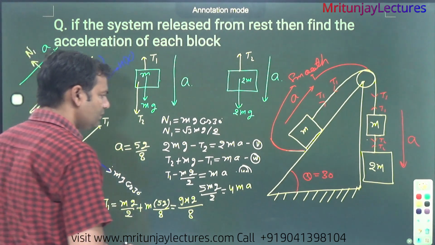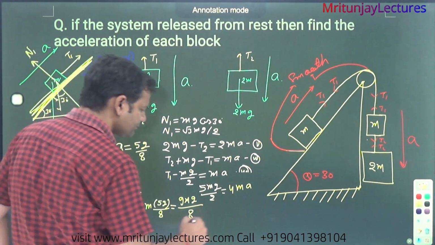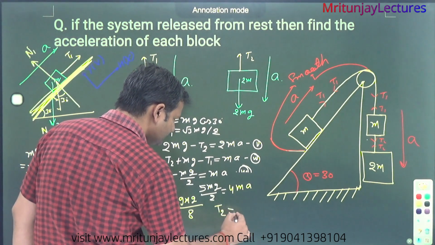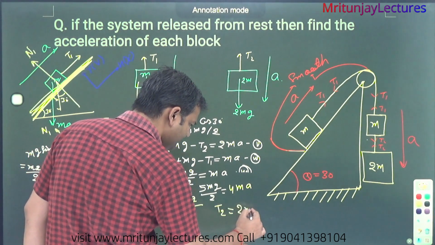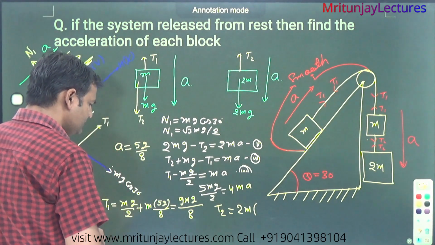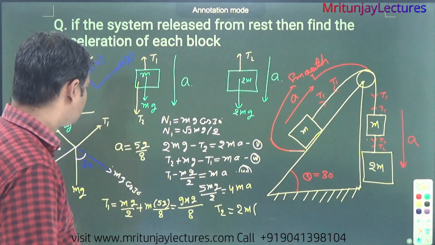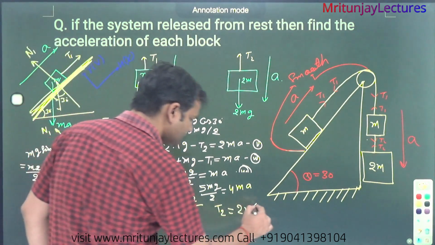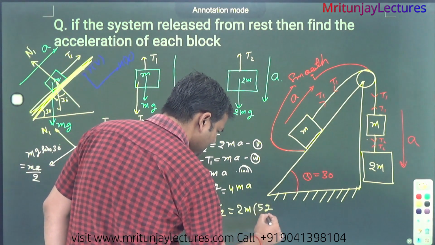Now, what about T2? T2 is 2m into G minus A, where A is equal to 5g by 8.